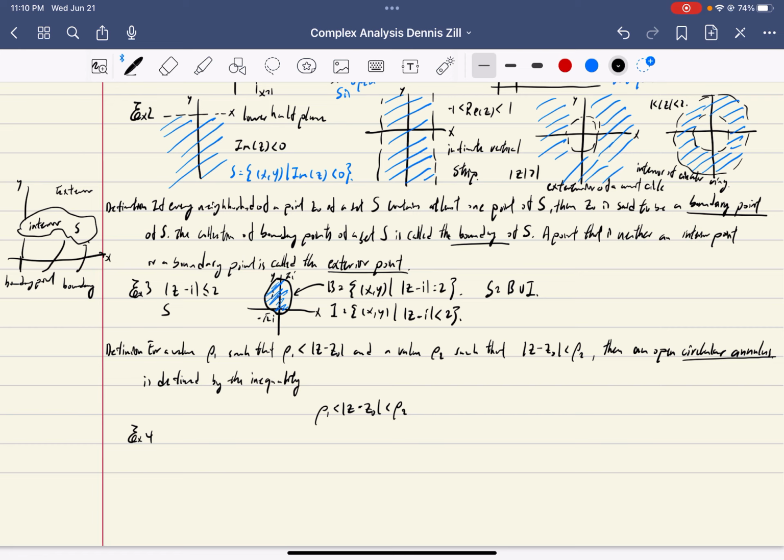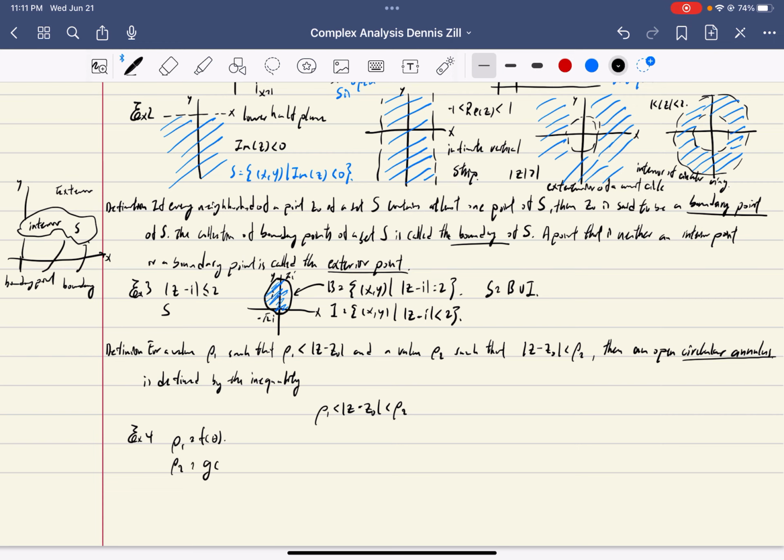Since rho is the radius, it can really just be defined as a function of theta, and so is your rho 2.